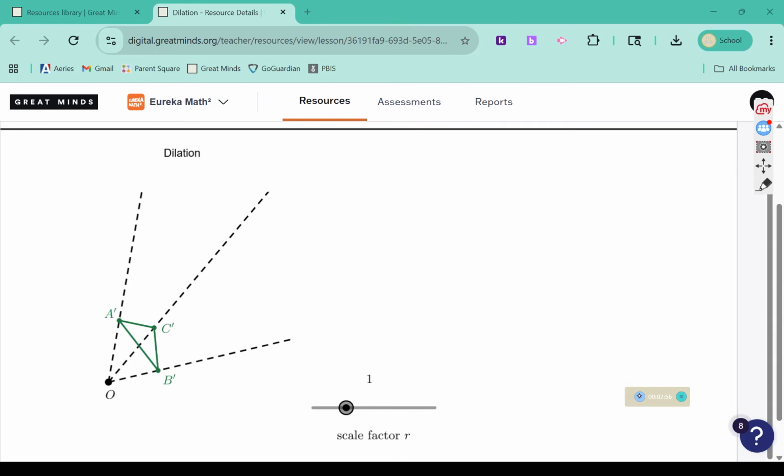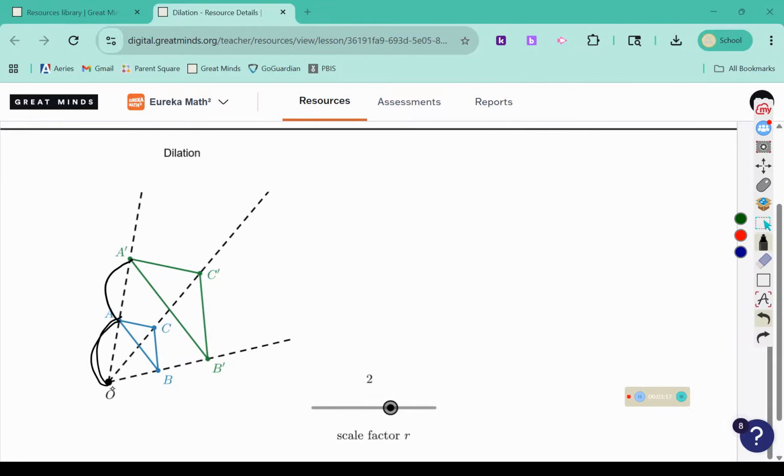So the line's going through each of the points in the shape. You can do more than just the vertices, but those are the minimum requirement. Then, if we were dilating by a scale factor of 2, this distance between O and A is doubled to go to O to A prime.